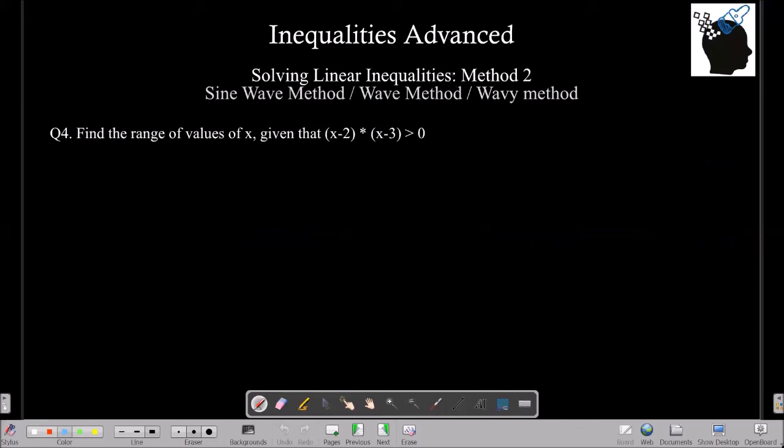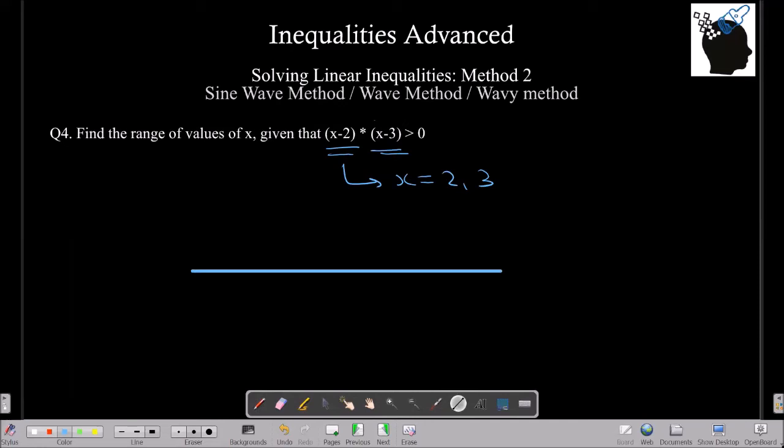What we are going to do in this is take these values and see what happens if this was equal to 0. So if this was equal to 0, we would have taken the values of x as 2 and 3, right? So let's go ahead and plot those values on the number line. And the way this method works is we are going to draw a sine curve.